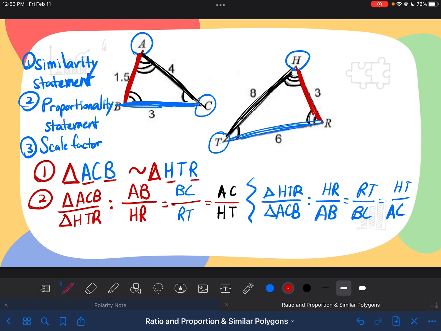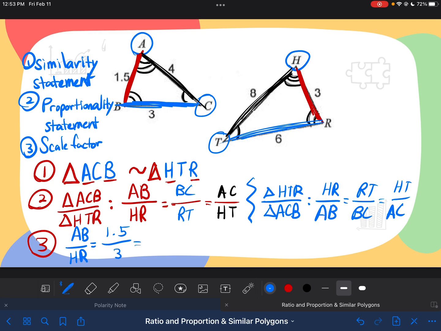So now that we talked about that part, let's talk about scale factor. A scale factor is basically what it is being multiplied by. Okay, so for example, if we look at AB, so let me choose a different color, AB and HR, okay, what are the values? Well, AB right now is 1.5. But what is HR then? That is 3.